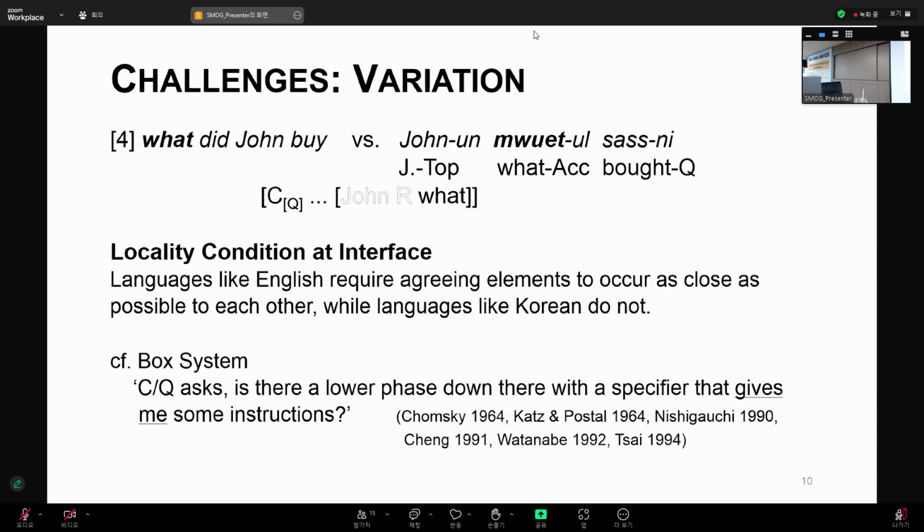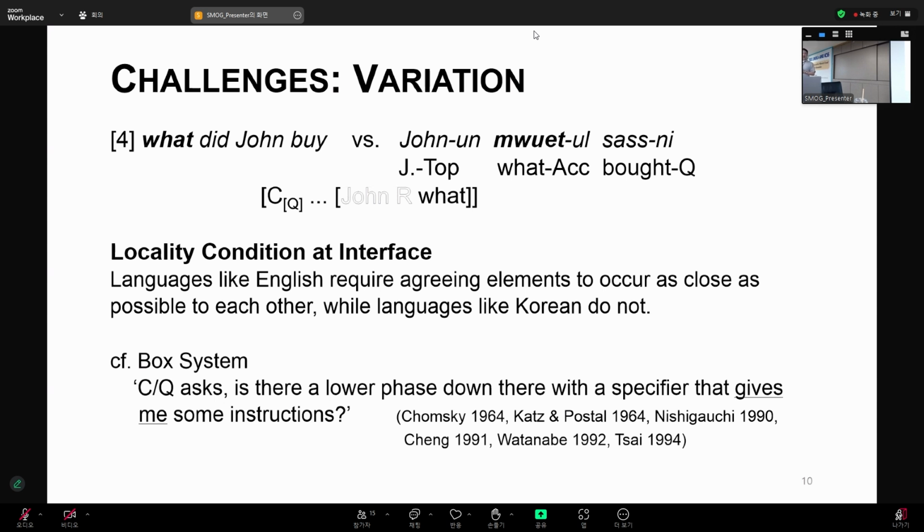And then the last thing is very serious stuff, challenges to my DA model. So one serious challenge comes from language variation, like the obvious variation. There are WH in-situ languages like Korean and presumably Japanese, Chinese as well.